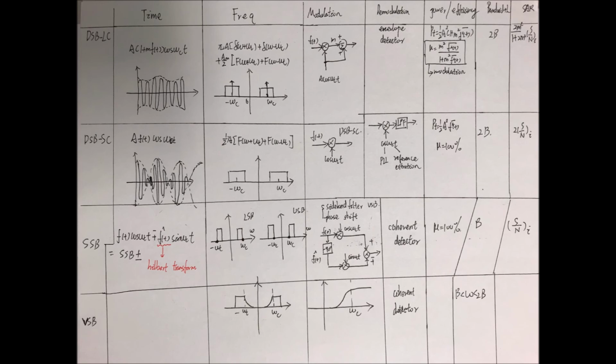So the phase is shifted by 180 degrees every time the signal passes 0. We call it phase reversal. So this is the time domain signal equation and sketch. The sketch is also required.